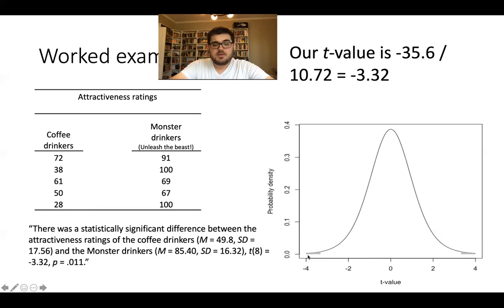These each are about, separately, like a 0.5% likely to observe something this low or lower, or this high or higher. We're doing a two-tailed test, so we want to add those together. You end up with basically 1%. There's a 1% chance of observing a t-value this low or lower, or this high or higher.